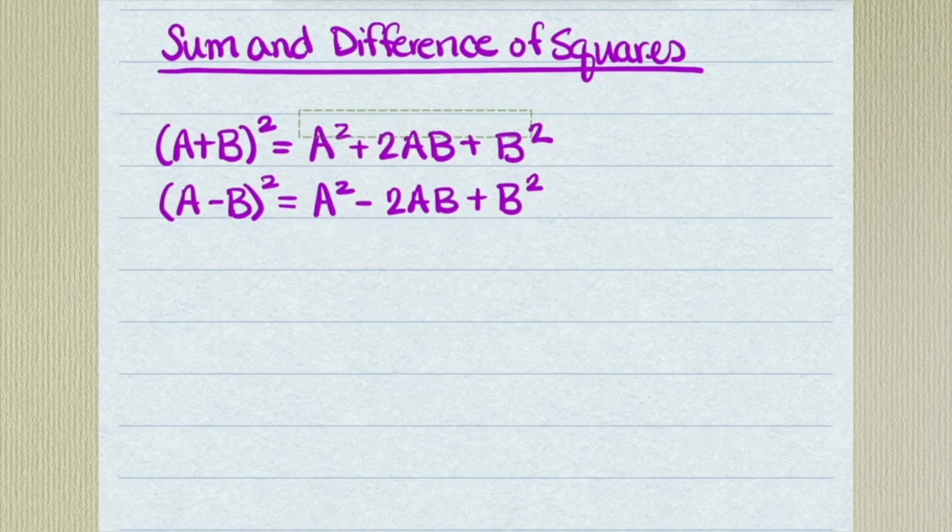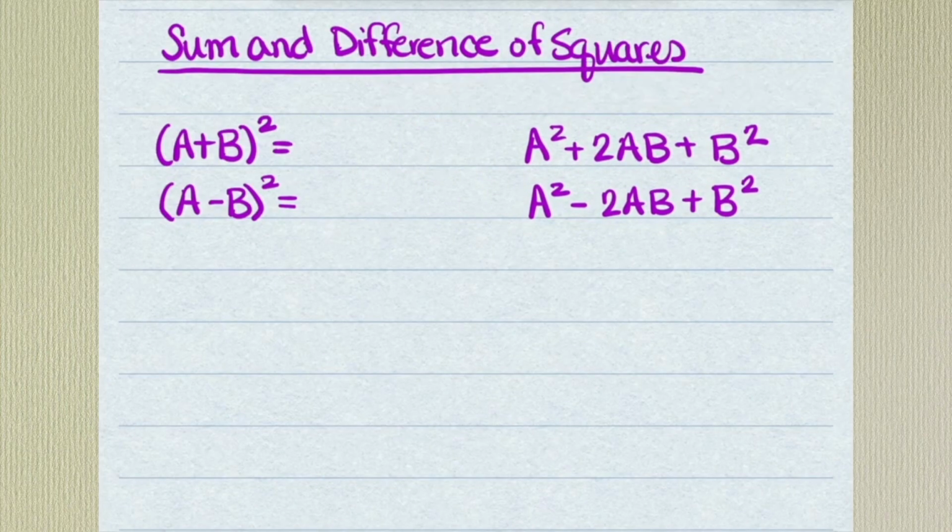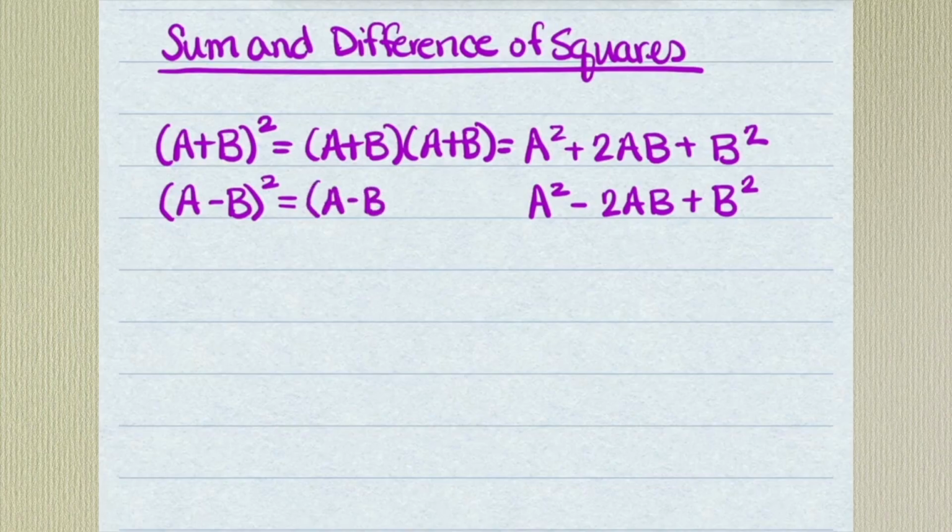Now, no confusion here. This means a plus b times a plus b. It's duplicated because of the squared. And this one is a minus b times a minus b because of the squared.